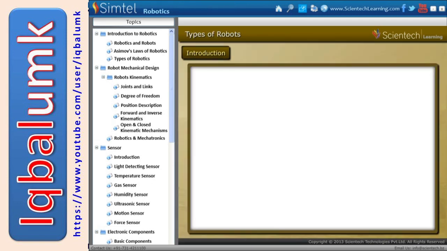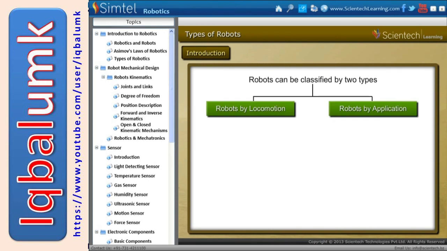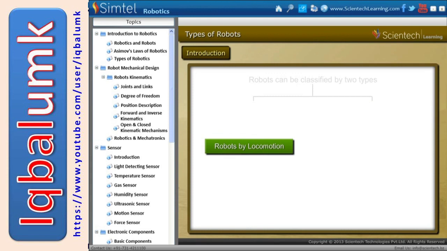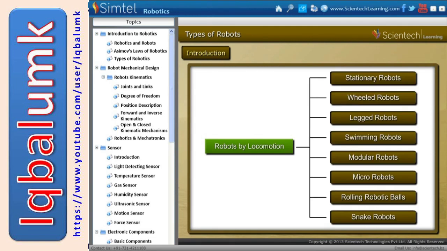Let's start with types of robot. Robots can be classified into two broad categories, that is robot by locomotion and robot by application. First, we discuss about robot by locomotion. The shape of a robot is the most basic approach to define a type, and it is relative with its locomotion system.